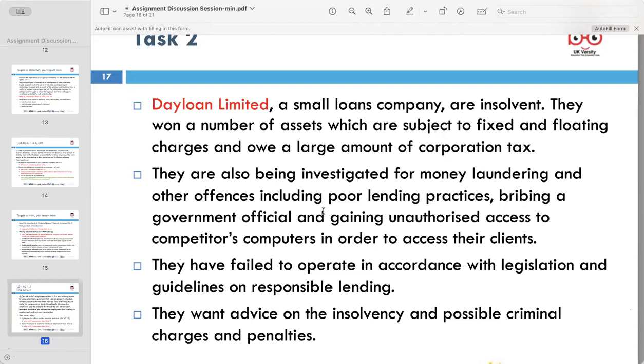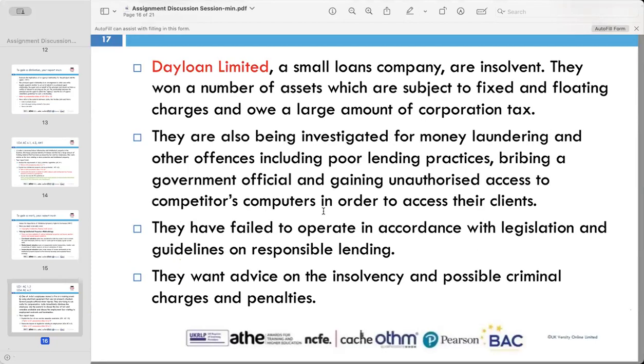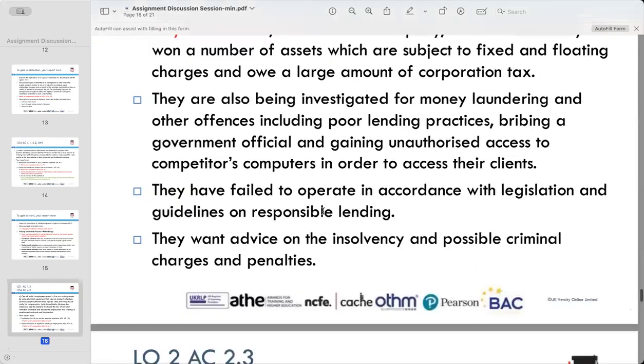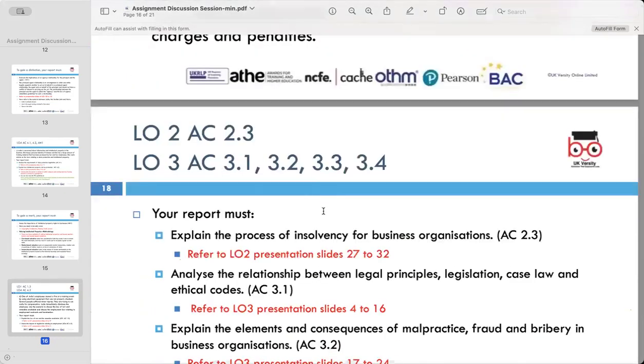They are also being investigated for money laundering and other offenses, including poor lending practices, bribing government officials, and gaining unauthorized access to competitors' computers in order to access their clients. They have failed to operate in accordance with legislation and guidelines on responsible lending. They want advice on the insolvency and possible criminal charges and penalties.